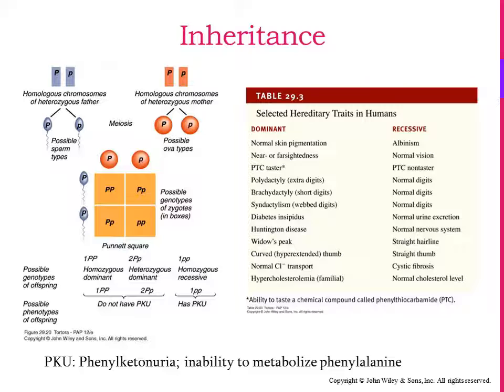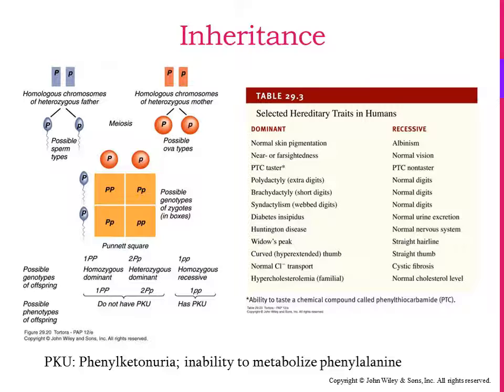There's the possibility that the combination of the gametes from the mother and the father will create a heterozygous individual. So 2 out of 4 chances that that could happen, or 50% chance, and a 1 in 4 chance that with each pregnancy the infant may inherit a defective P gene from the mother and the defective P gene from the father, resulting in the homozygous recessive individual that does develop this condition.